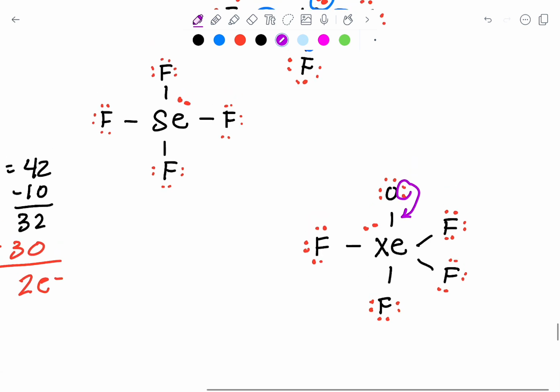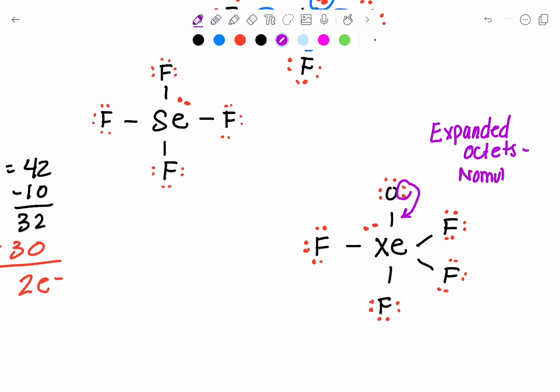But with expanded octets, there are no multiple bonds. At least for what we're doing. Are there exceptions to that? Sure, there's exceptions to everything. But for what we are learning about, we will not have any multiple bonds forming with these expanded octets.